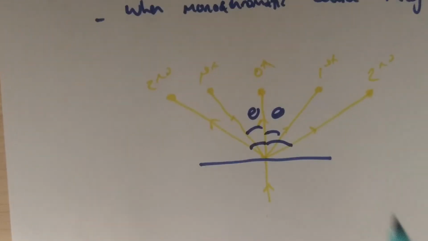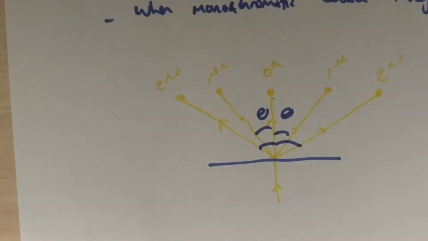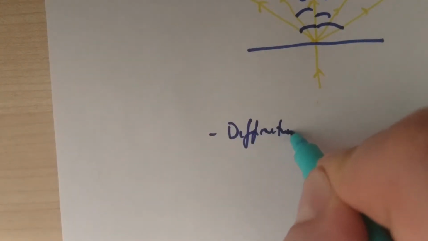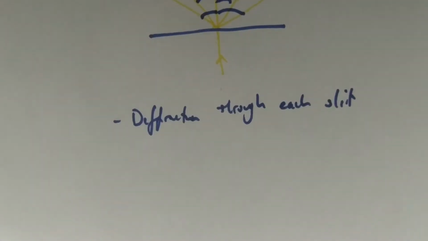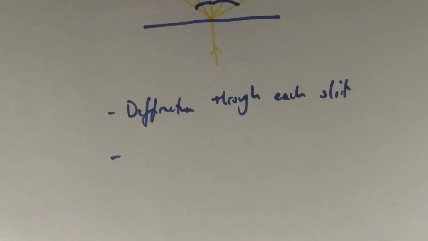The reason we only get very specific points and not any sort of continuous spectrum is, firstly, we have diffraction through each slit. Often we're talking hundreds of slits per millimetre, so we've got lots of closely spaced slits. Each one has diffraction, and on top of that we get a lot of cancellation.